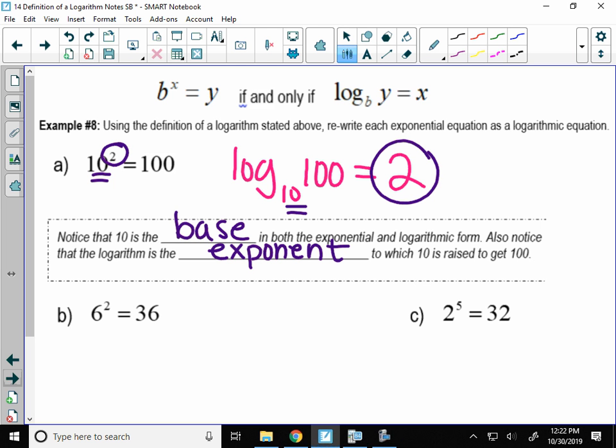Now let me show you a little trick, a little shortcut here to going between exponential and logarithmic form. I call it the curly Q method. So if I'm going to start with 6 squared equals 36 and write it as a logarithm, I always start with the base. So you can put your pencil on the 6 there, that's the base. Your curly Q loops towards the 36, and then ends at the exponent.